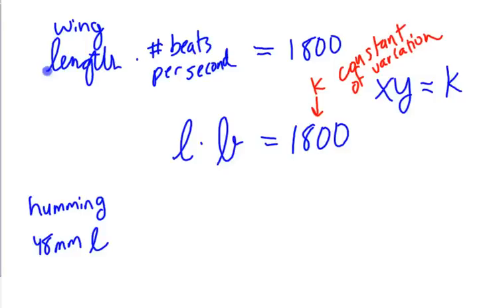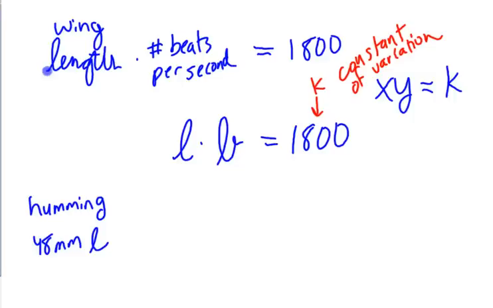So keep in mind, 48 millimeters is how many centimeters? 4.8. So it's not even 5 centimeters long. With both their wings? I believe it's just one wing. It just says wing length. It doesn't say wingspan. It just says wing length.